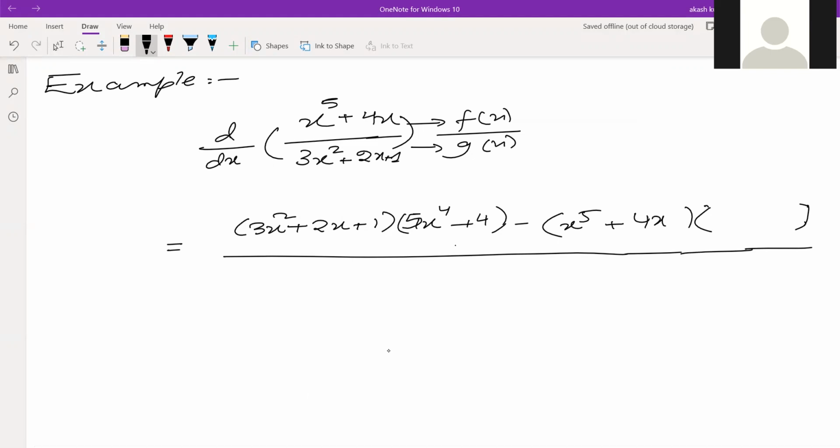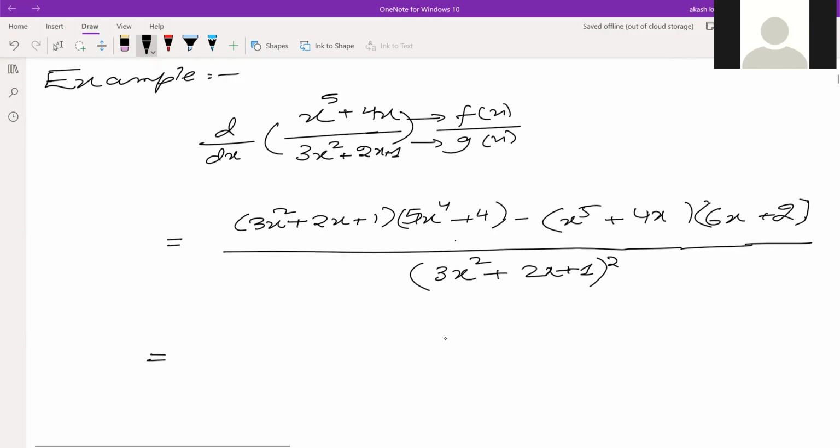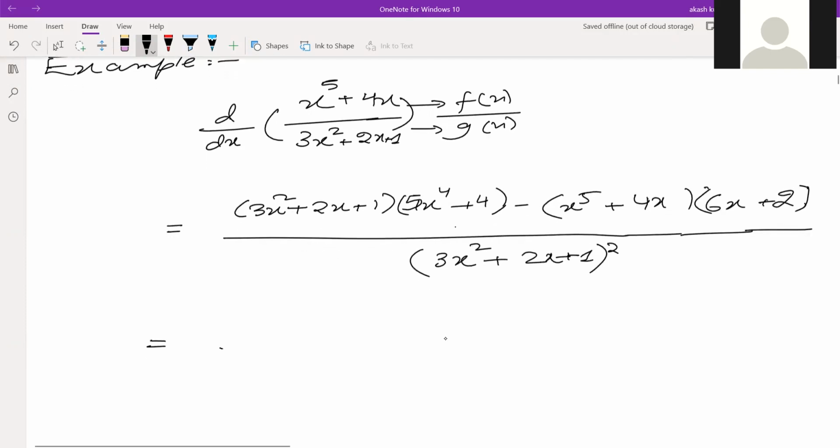Okay, now tell me the derivative of g of x. It will be 6x plus 2. Yes. And then we should have g of x whole square. So 3x square plus 2x plus 1 whole square, right? Again, we have to multiply the expressions.